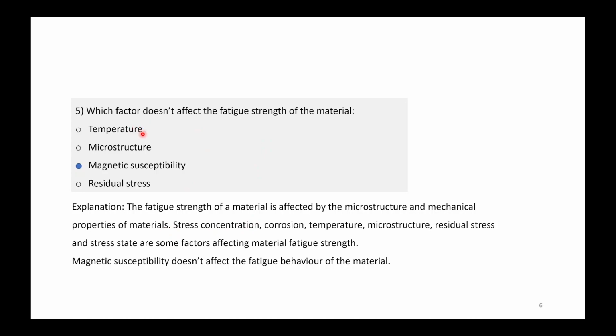So this factor is also affecting. Stress concentration, corrosion, temperature, microstructure, residual stress and stress state are some factors affecting material fatigue strength. Now magnetic susceptibility doesn't affect the fatigue behavior of the material.